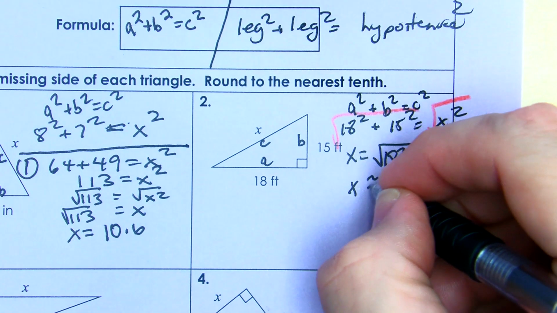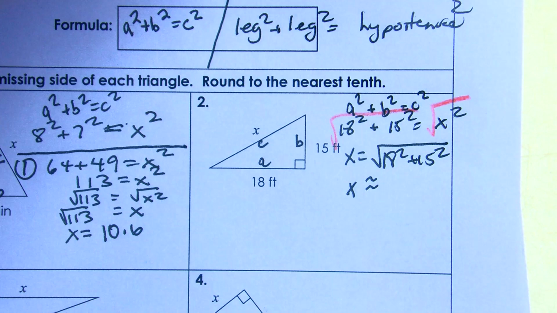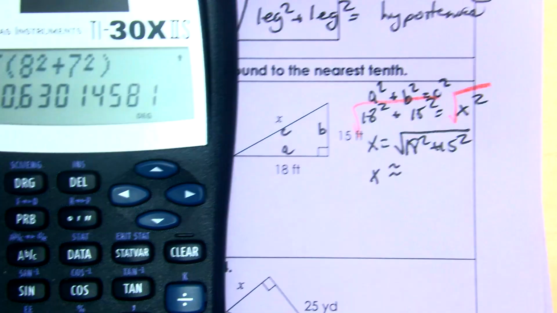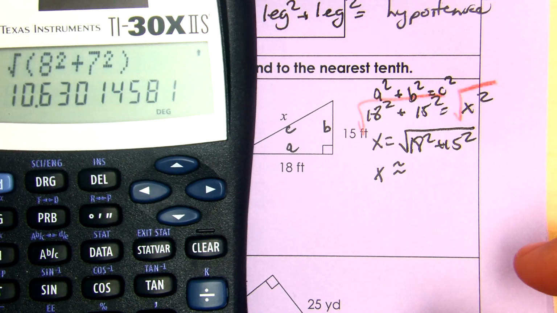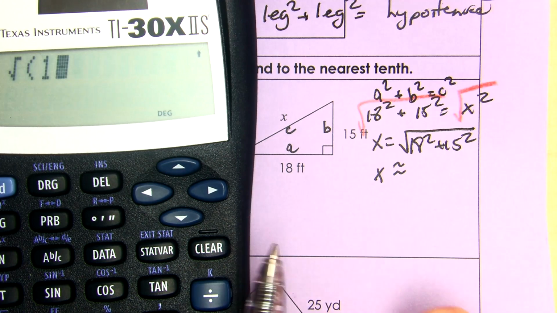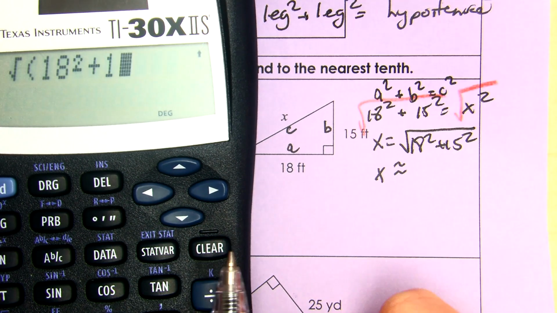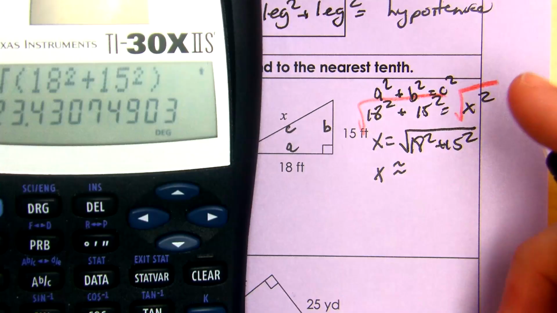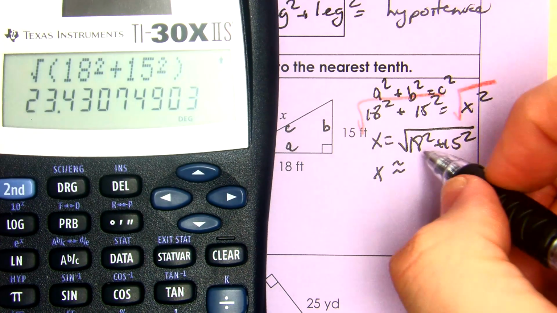So x, and I'm going to change the equal sign to an approximation sign. And that just means that we actually rounded the problem. It's not 100% exact. So type in 18 squared plus 15 squared, close the parentheses, and we get 23.4.